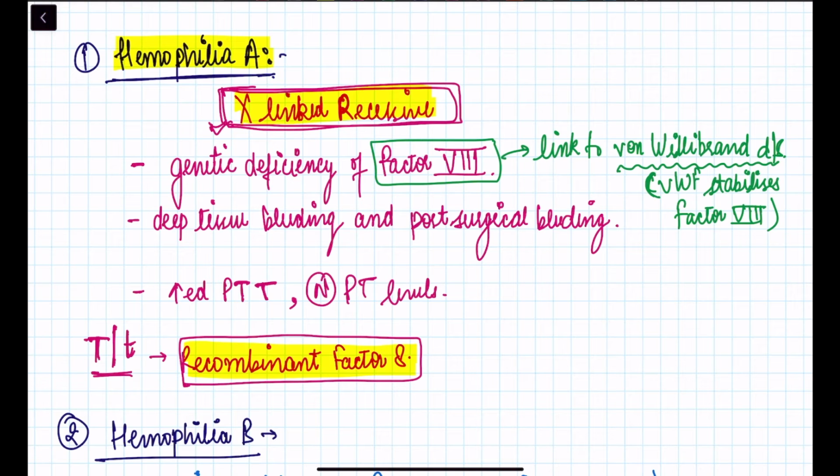X-linked recessive. It is a genetic deficiency of factor 8, and factor 8 will be linked to von Willebrand disease, which we will discuss later, as von Willebrand factor stabilizes factor 8. So von Willebrand's disease is a mix of primary hemostatic disorder and secondary hemostatic disorder, but we are primarily discussing it under secondary hemostatic disorders.